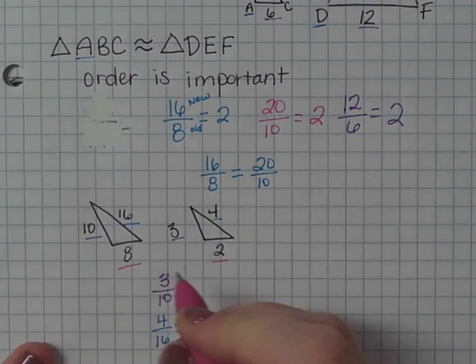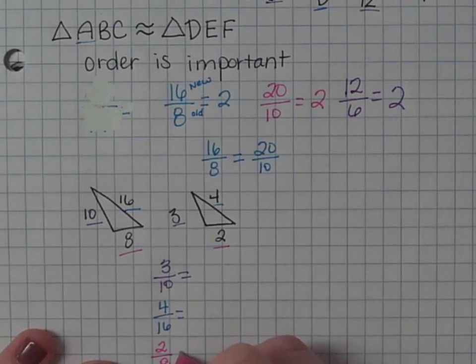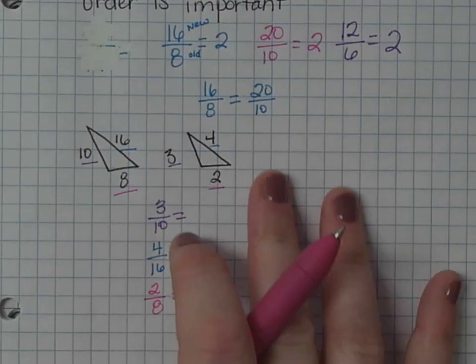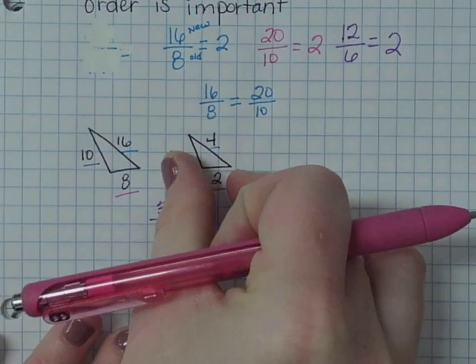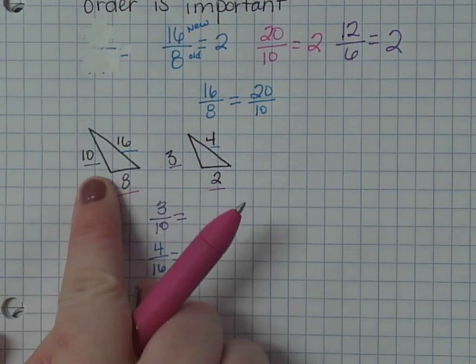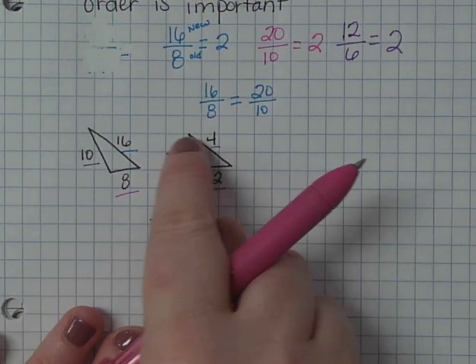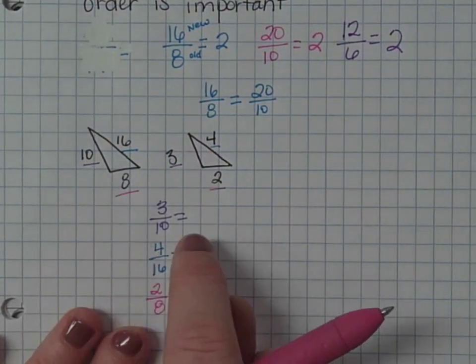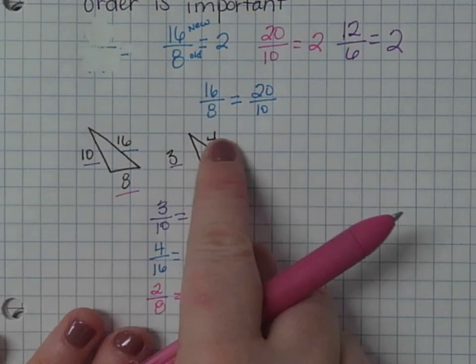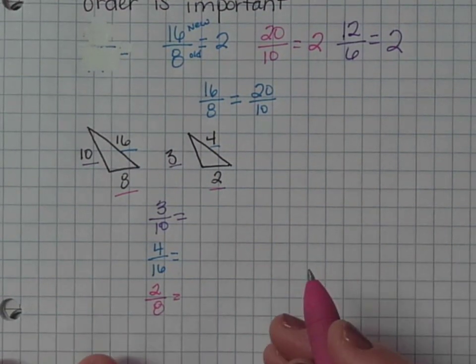And 2 divided by 8. So notice you can tell like this is that slanted side. So even if this triangle was twisted, you have to look at the longest side has to match up to the longest side, the middle side, or the slant, the way the slant works is important.